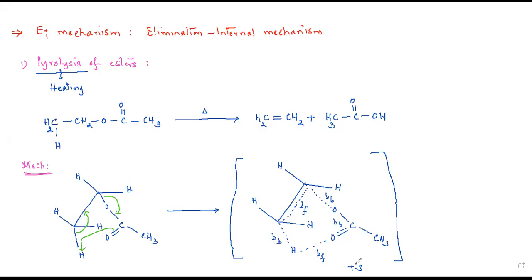Now this transition state simply decomposes to form, look at this area, this one. Leave the bonds that are going to get broken. See the bond that is forming now. Come on.